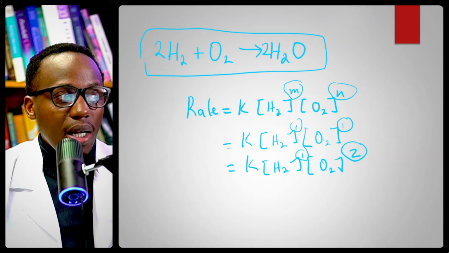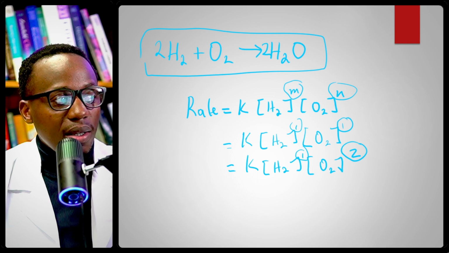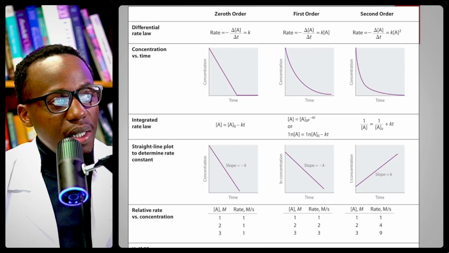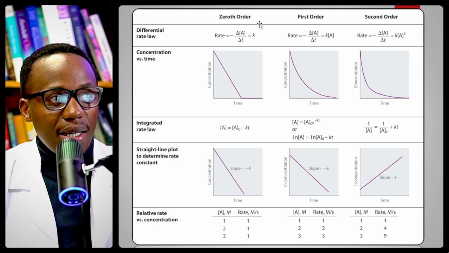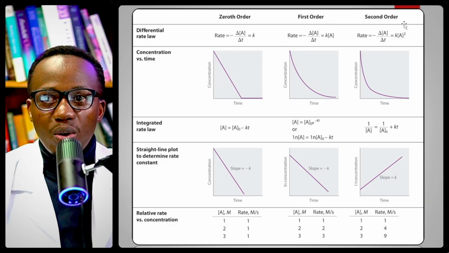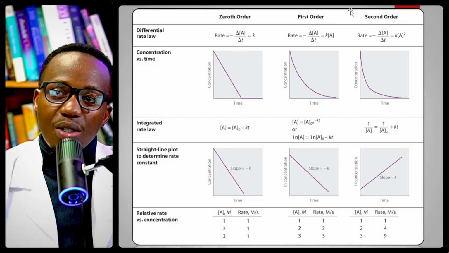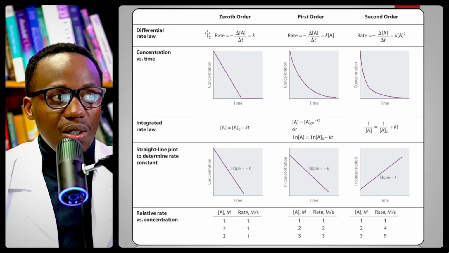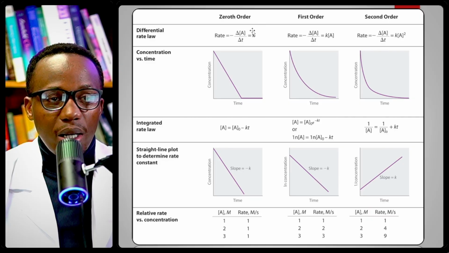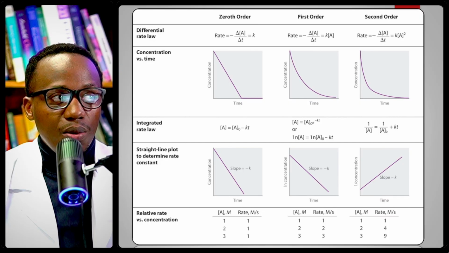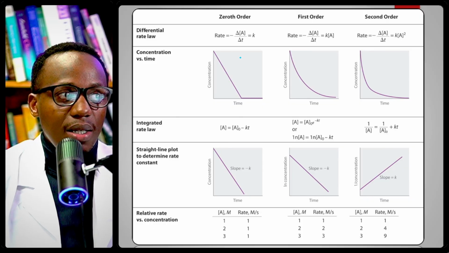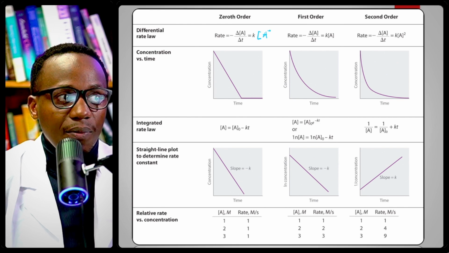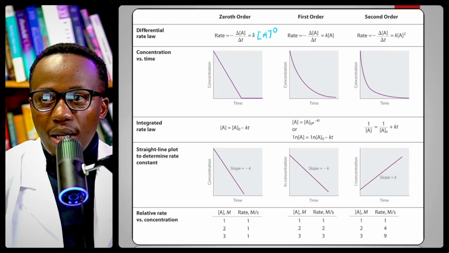I have a chart right here that puts all of it together. You have different reactions: a zero order reaction, first order reaction, second order reaction. And depending on what type of reaction you have, it's going to behave differently. If it's a zero order reaction with respect to A, that means the rate is equal to k times A to the zero.